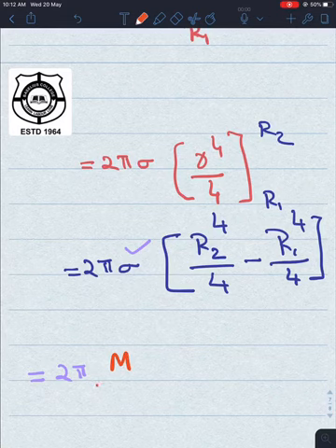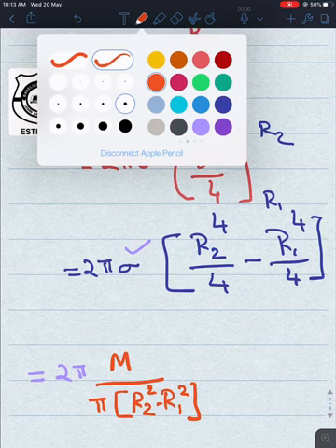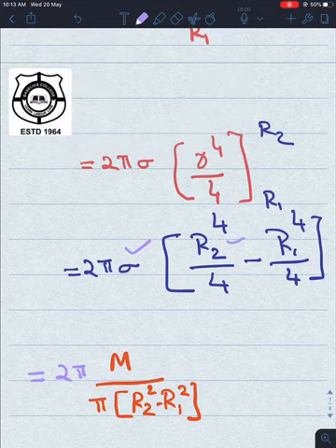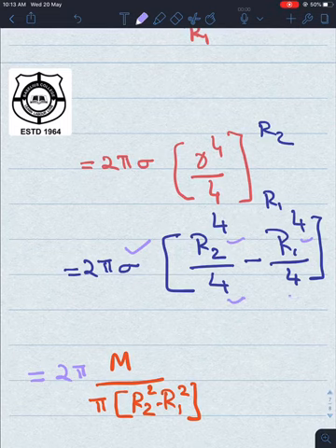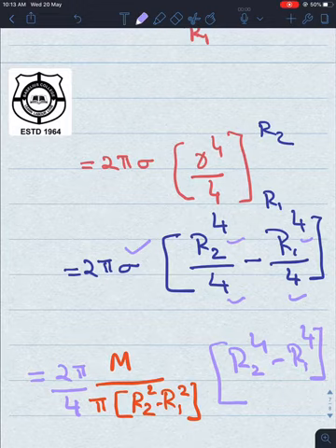Sigma is m divided by pi into r2 square minus r1 square, and this, you can imagine, you can take this 4 outside, divide by 4 into r2 raised to 4 minus r1 raised to 4.